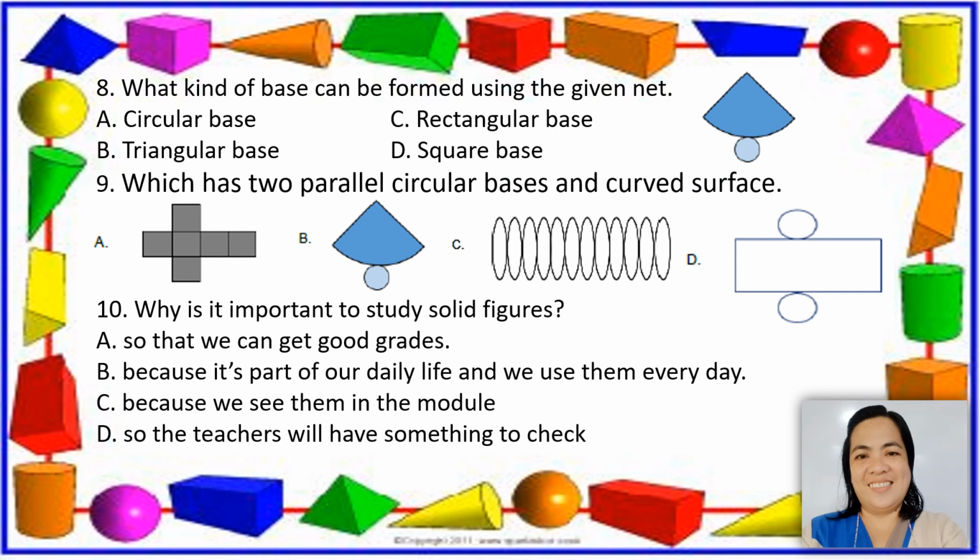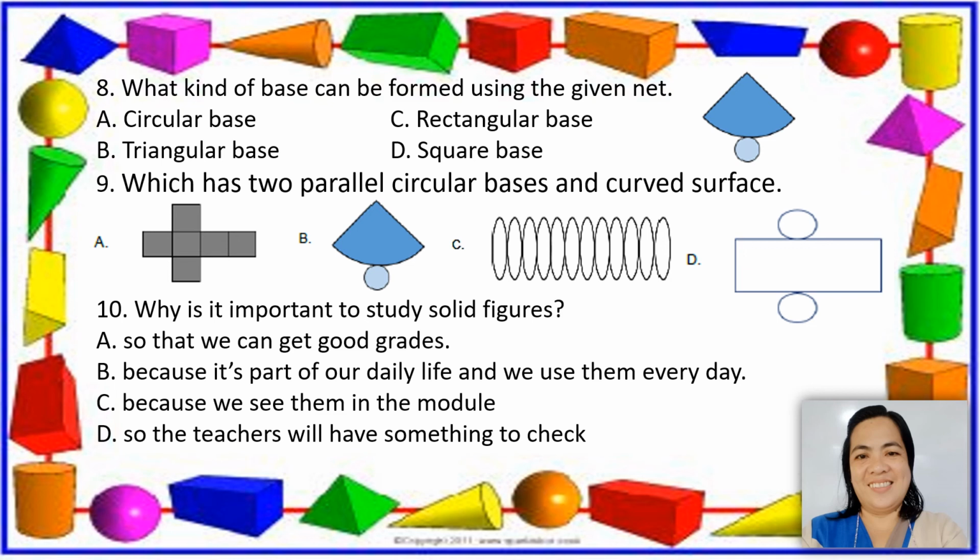For number 8, what kind of base can be formed using the given net at the right side? A, circular base. B, triangular base. C, rectangular base. D, square base. Choose the letter, then encircle. Number 9, which has two parallel circular bases and a curved surface? Is it net A, B, C, or D?